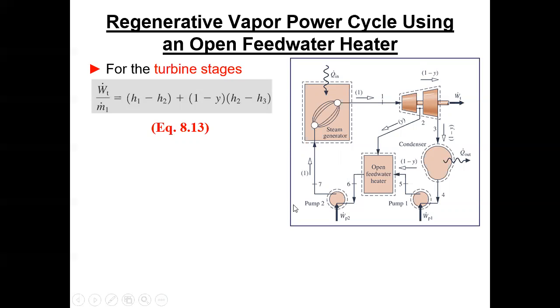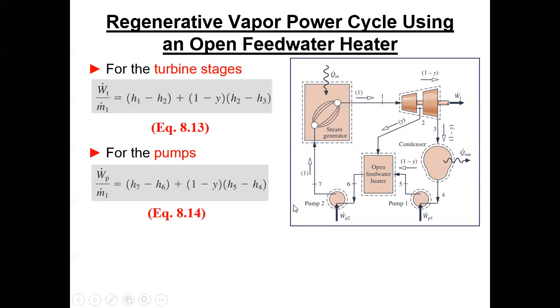Okay, so that's the turbine work. And then for the total pump work, H7 minus H6: pump 2 handles the entire mass flow, so that fraction is 1 and we don't have to write it. But pump 1, H5 minus H4, is only seeing 80% of the flow.